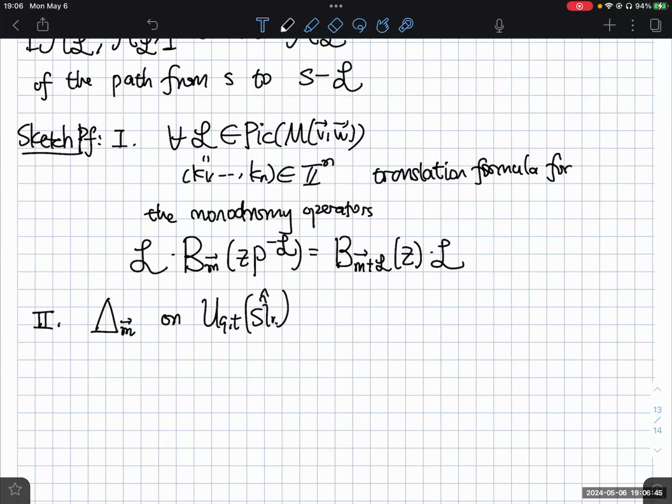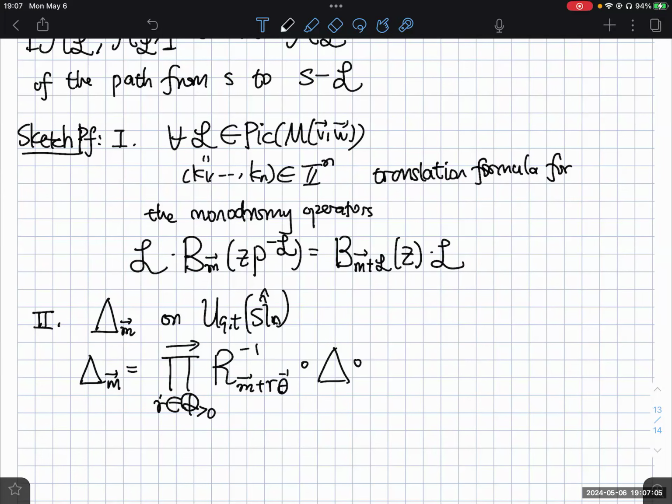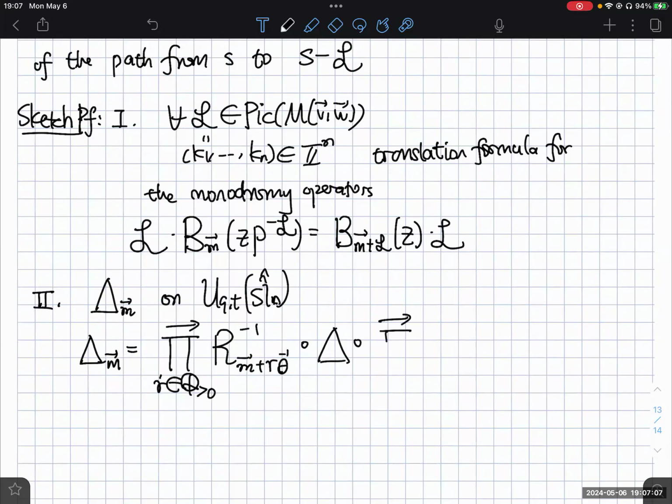And this new coproduct is defined by twisting the original Drinfeld coproduct by this bunch of product of the R matrix, of the small R matrix of the slope stable algebra.